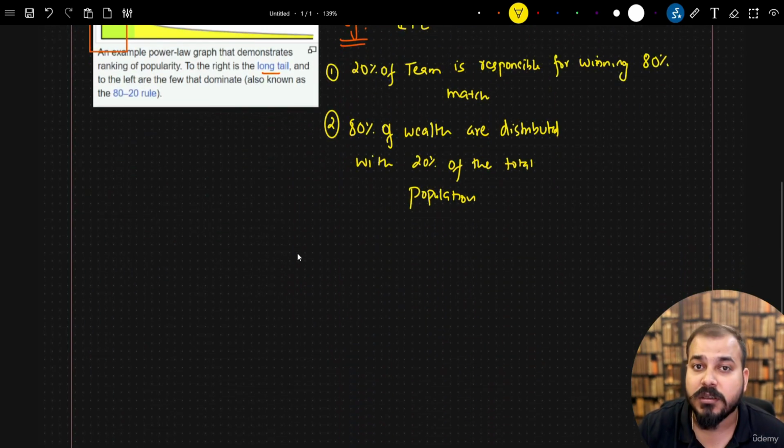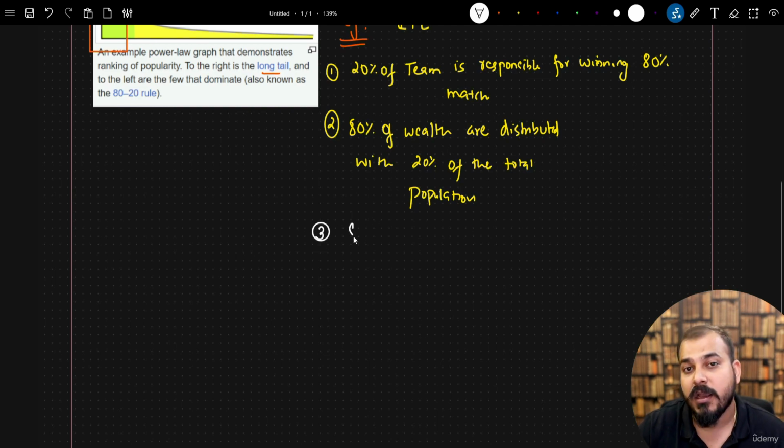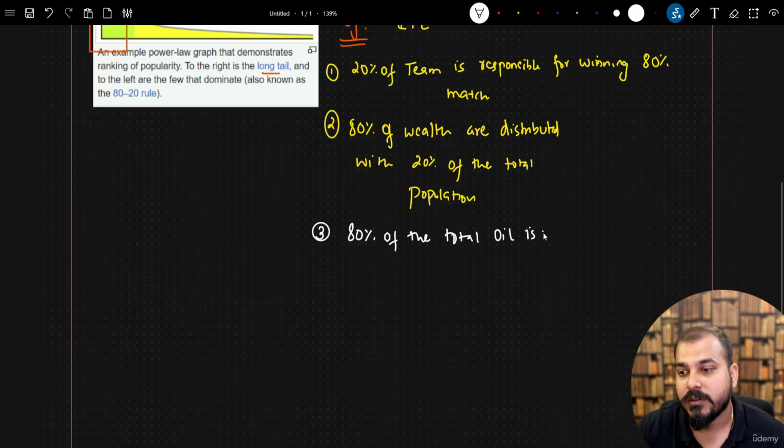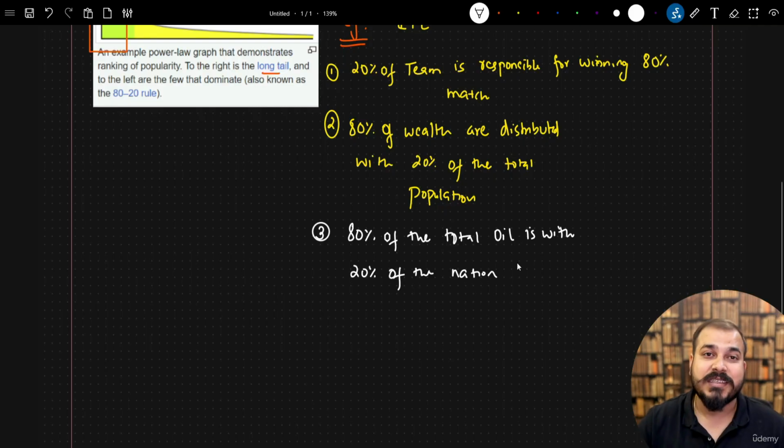Let's talk about the third example. You can say that 80% of the total crude oil is with 20% of the total nations. So this can also be a perfect example in understanding the power law.